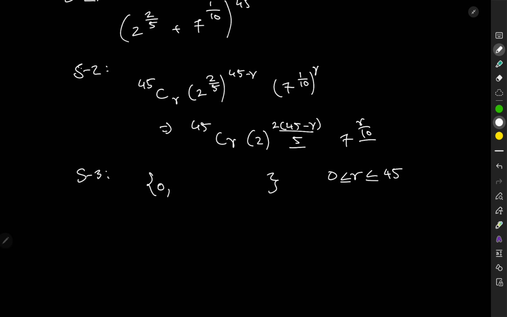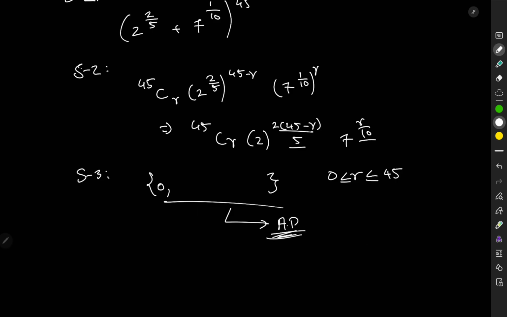After doing a lot of problems they have observed that this is going to give us an AP, which is arithmetic progression. You will learn in sequence and series. That will be my next video. Arithmetic progression is nothing but a series with a common difference. Let's say if there is 0, 10, 20, it will have a common difference in the series. So in this case it is an arithmetic progression.